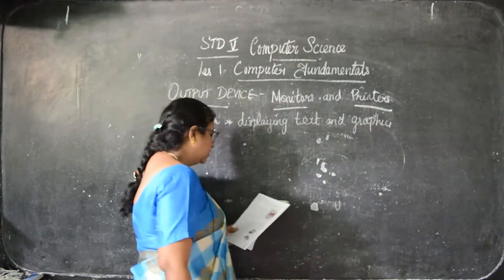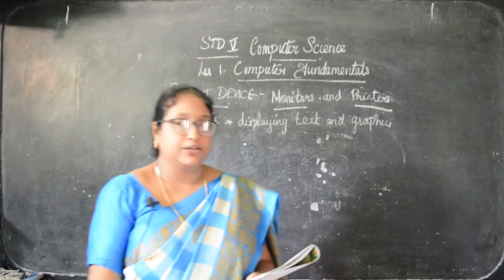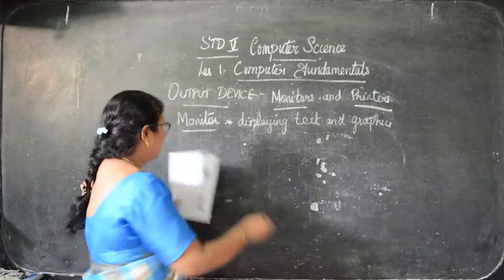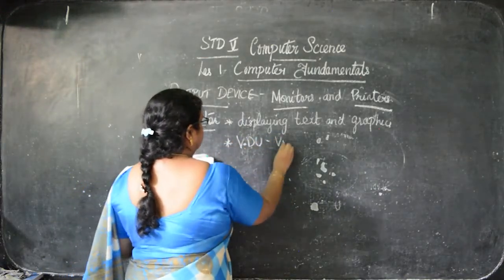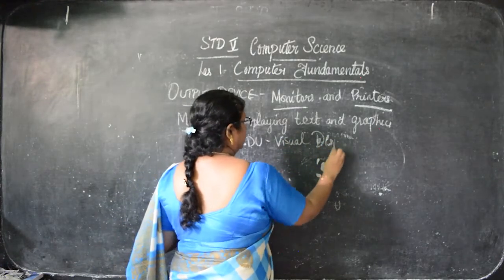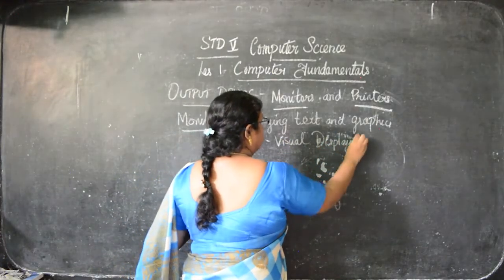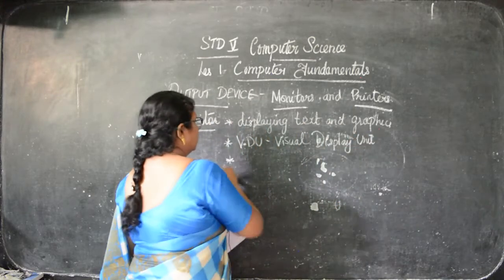And the monitor is also known as Visual Display Unit, that is VDU. So monitor is also known as VDU, that is Visual Display Unit. Okay, children, so our monitor is otherwise known as what, children?